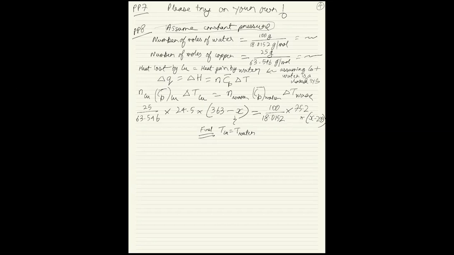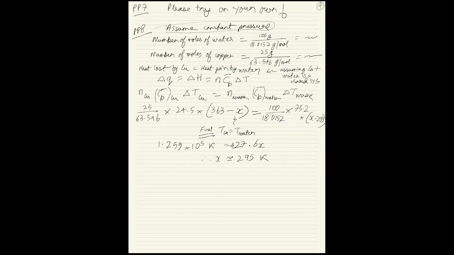It's a simple linear equation, not even math, just arithmetic, and you will get 1.259 times 10 to the power 5 Kelvin is equal to 427.6x. Therefore, x is around 295 Kelvin. That's the temperature, somewhere in the middle.